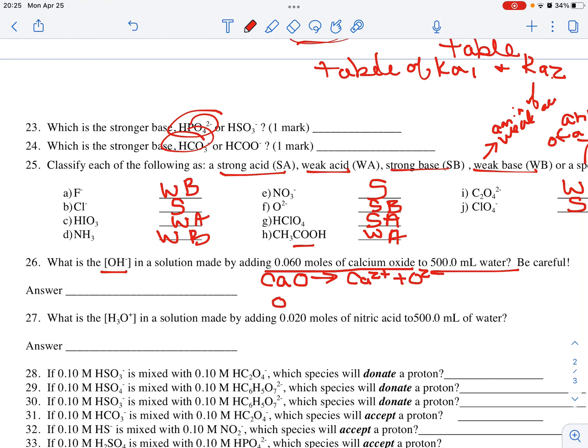The oxygen, which will be in aqueous solution then, will further dissociate and is going to break down as follows.